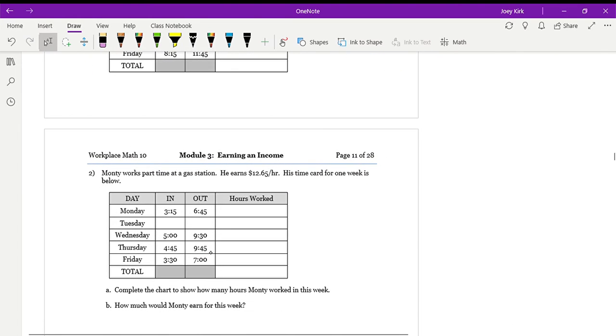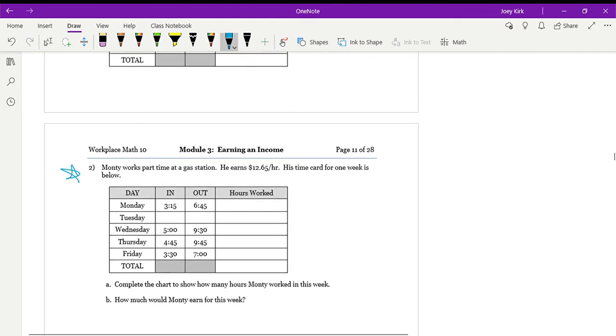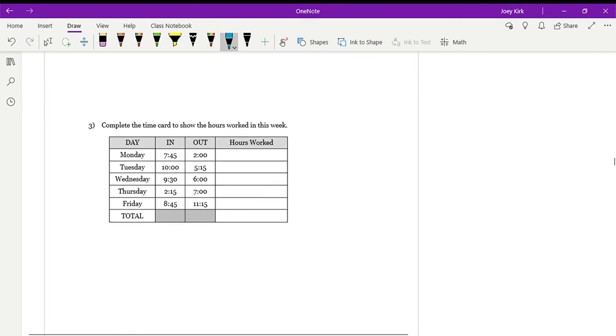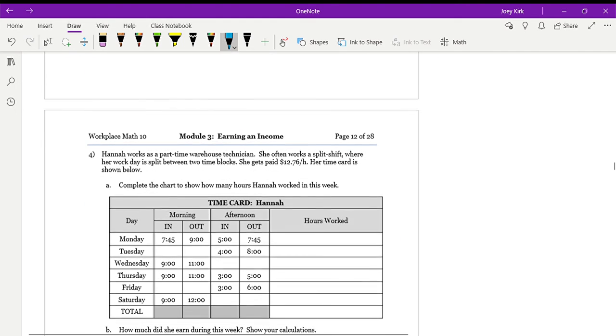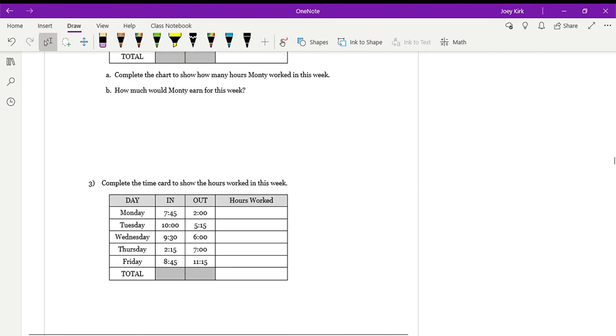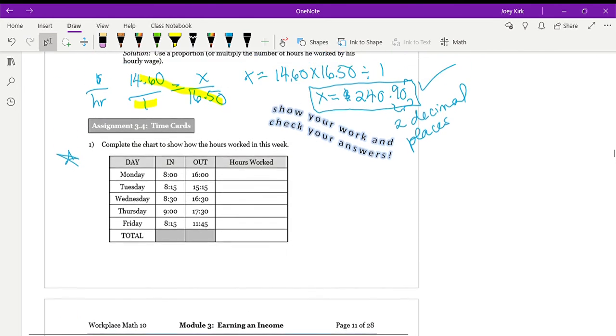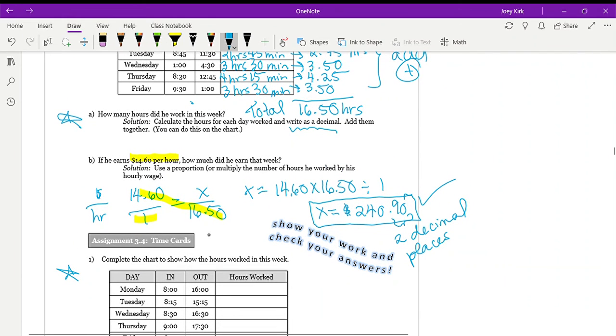Definitely do number 1 and number 2. And then number 4. Okay, so number 1, 2, and 4. Don't worry about number 3. Or you can do it if you want extra, but I'd like you to do number 1, number 2, and number 4. Okay? All right, that's all for section 3.4.